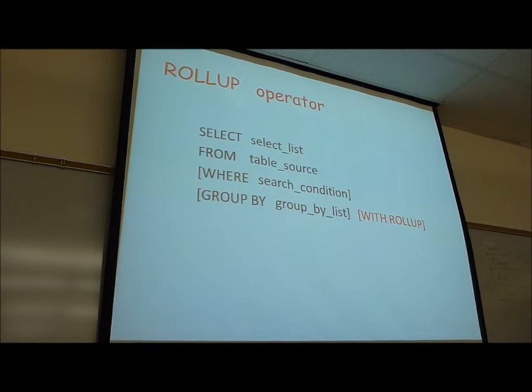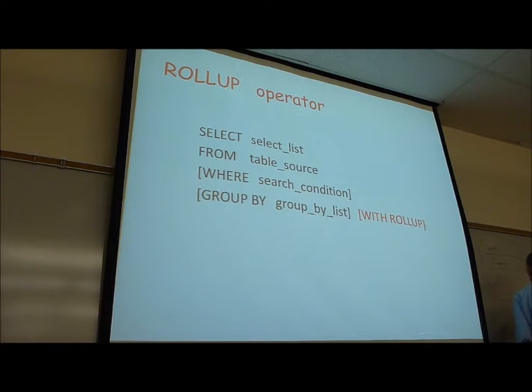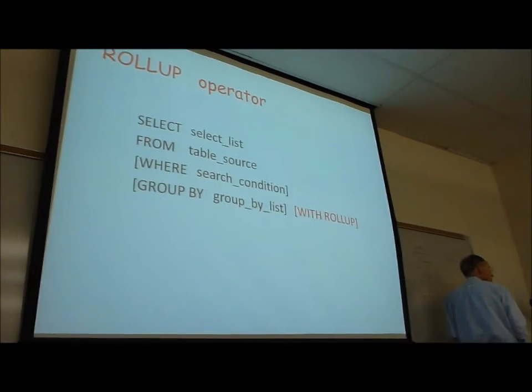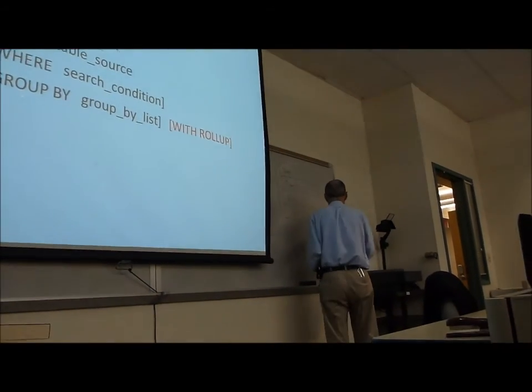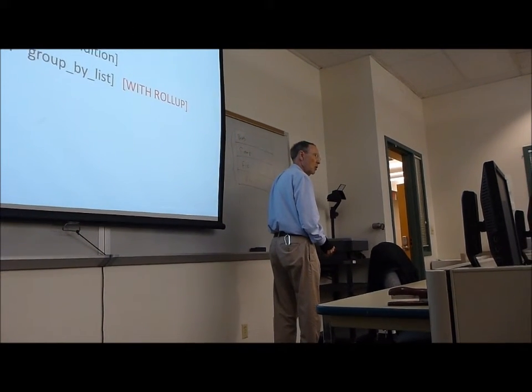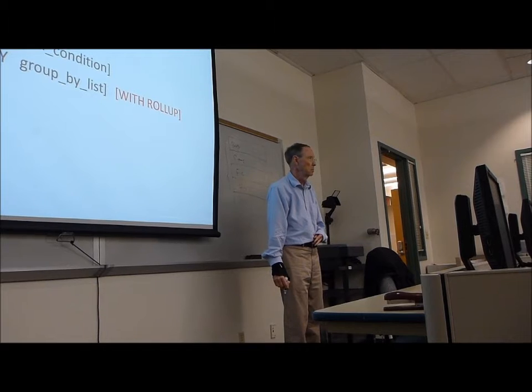We got the roll-up operator. This is kind of the thing you think of. I'm going to roll up the subtotals here. Okay, roll up the subtotal and put out something, and roll up the subtotal, put out something, and then finally the grand total.